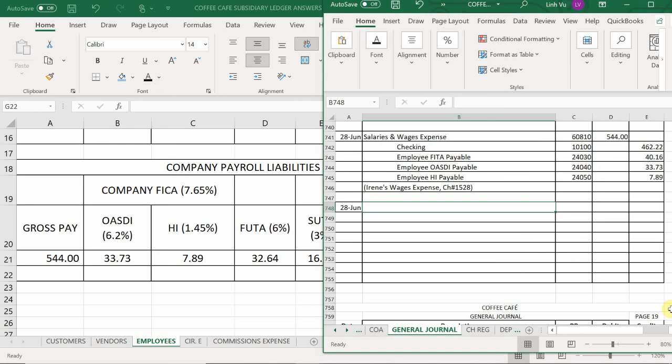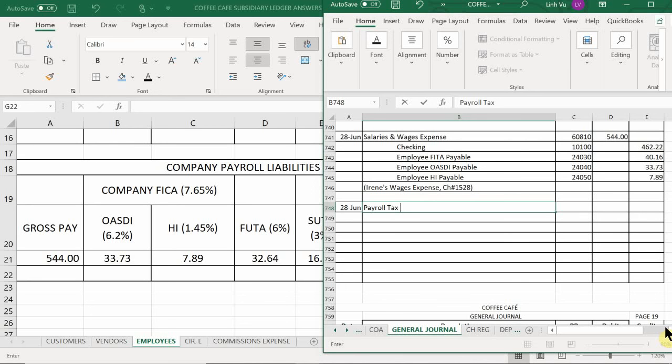There's one more account underneath commissions expense, and what is that account called? Payroll tax expense. Oh, okay, now I get it. It's the tax expense that they have to pay to keep Irene as an employee.